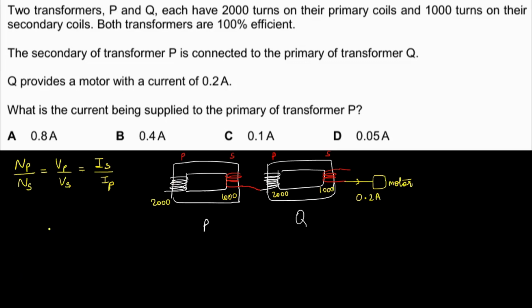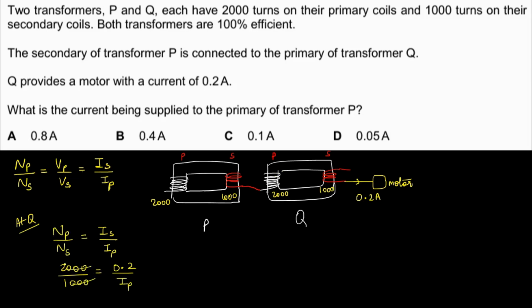So let's find what is happening at Q. So Np upon Ns, we don't need potential, so we can ignore the middle ratio. This is Is upon Ip. Primary is 2000, this is for Q, divided by 1000, and secondary they have given 0.2, and Ip we need to find, the current in primary.